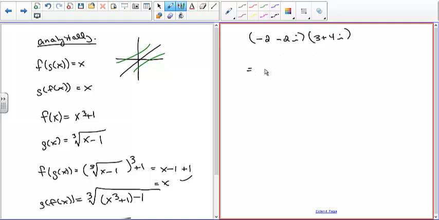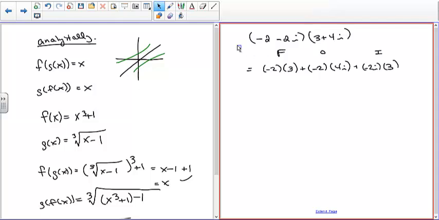So we're going to do first, which would be negative 2 times 3. Then we'll do outer. So that's negative 2 times positive 4i. Then inner, so that's negative 2i times 3. And then you've got L.